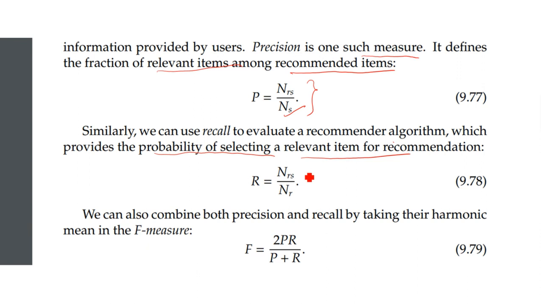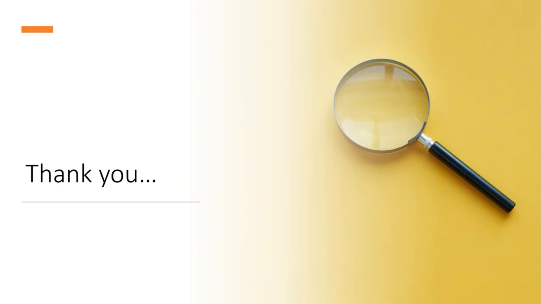So R is equal to NRS by NR. We also combine both precision and recall by taking their harmonic mean in the F measure. So F is equal to 2PR upon P plus R. So we can apply these three formulas.